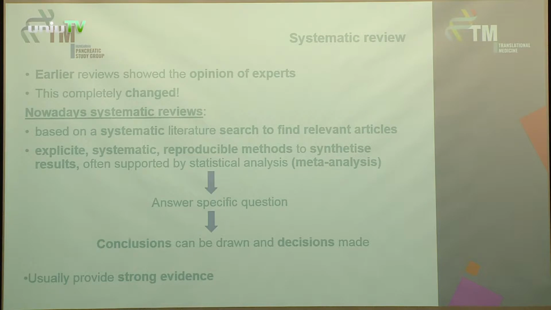Earlier, reviews showed the opinion of experts, but nowadays this has completely changed. Nowadays we mainly write systematic reviews, which are based on a systematic literature search to find relevant articles on a topic. They use explicit, systematic, and reproducible methods to synthesize the data, and they are usually supported by statistical analysis, which we call meta-analysis.